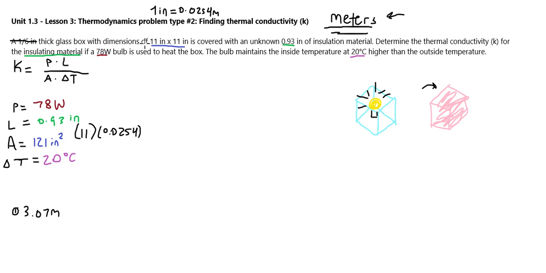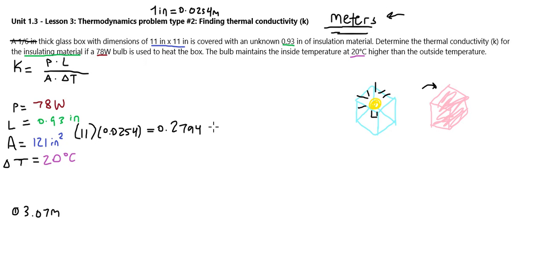So that equals 0.2794, and that would be the same once again after we did that a second time, because it's 11 and 11.